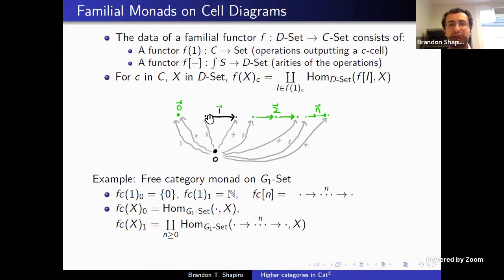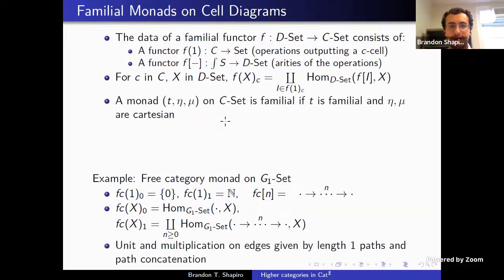So in this case, it means that we have like a vertex operation that gives you the vertices you have before, and an edge operation that gives you the edges you have before. And the multiplication means that we can sort of nest these compositions, that these arity diagrams are composable in a meaningful sense. So for categories, we get these paths and concatenation of paths. And you can think of that as parenthesizing these diagrams into subpaths and then concatenating them all.